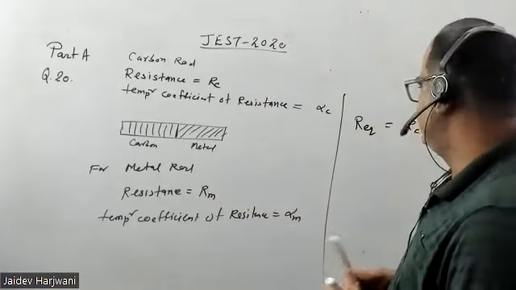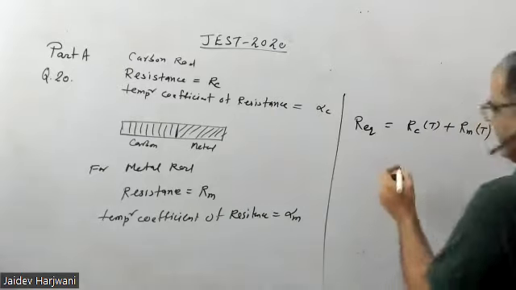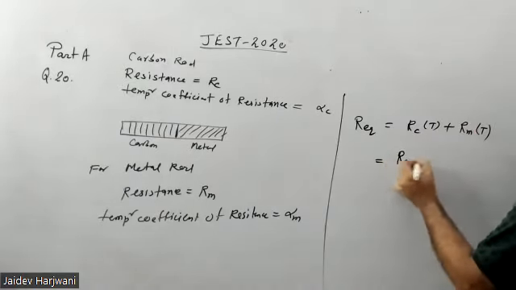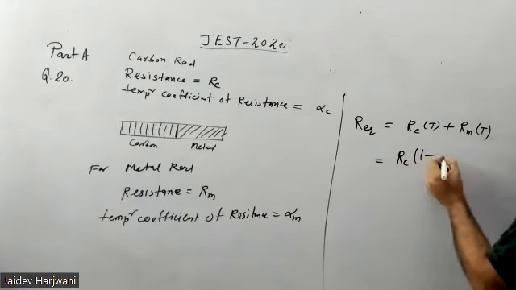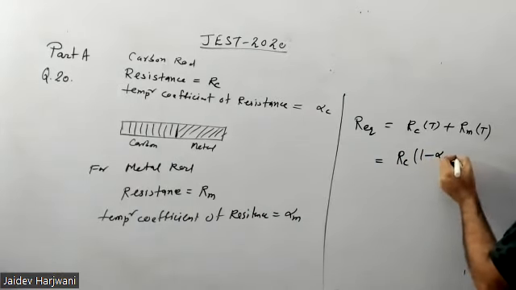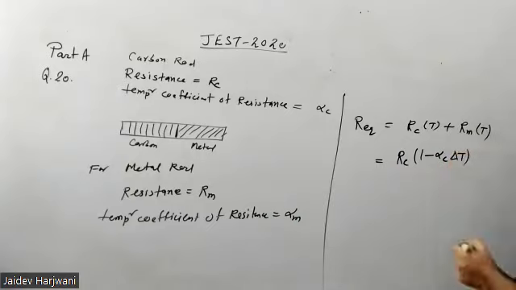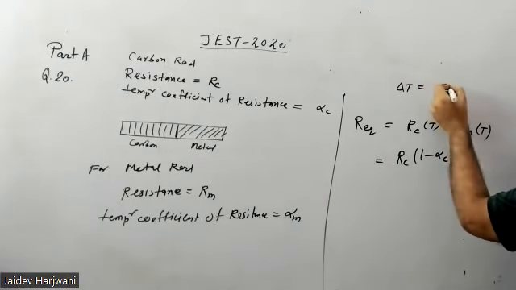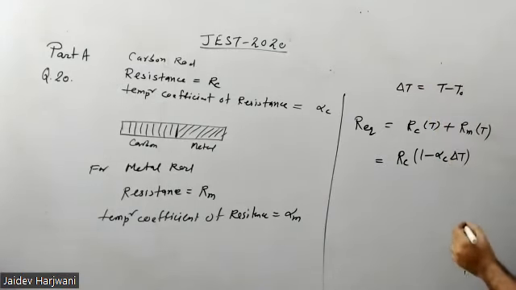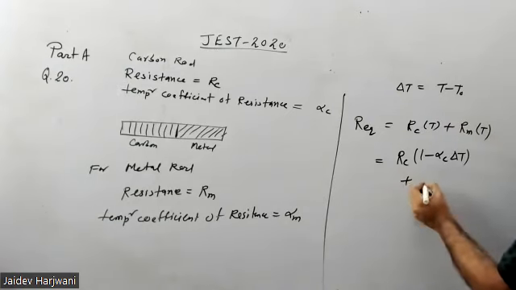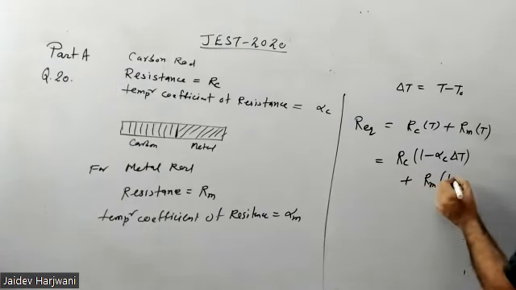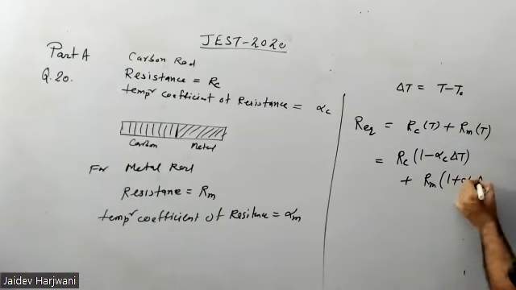So for carbon, I can write R equals RC times 1 minus alpha C delta T, where delta T is the temperature increase, T minus T0. Similarly for the metal, this equals Rm times 1 plus alpha m delta T.